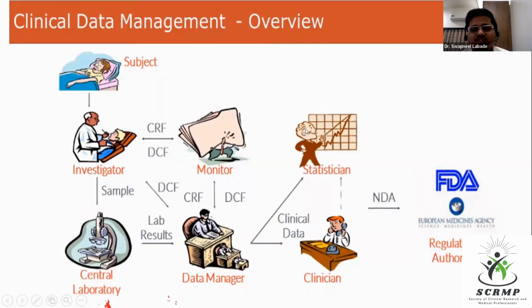Post statistical analysis, the data will be sent to the medical monitoring team or the medical writers. They will create the abstract. Medical writers will create the study report, and then it will be submitted to the FDA, the regulatory authority, through the new drug application, that is the NDA.